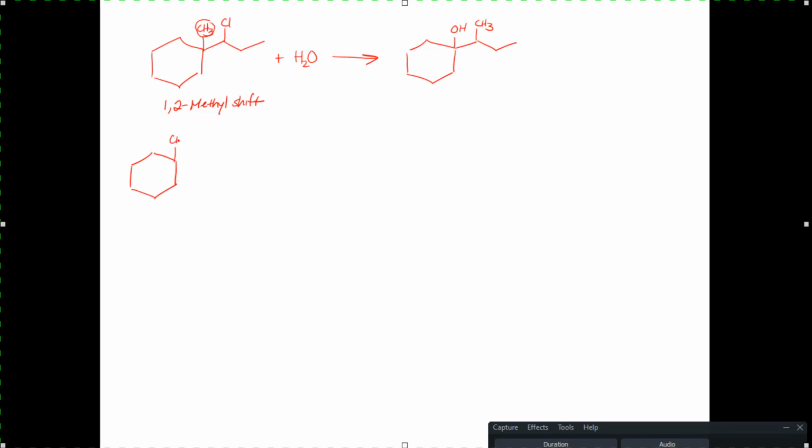And so what we would do is we would write basically the same mechanism as we did before, only shifting the methyl group. So we would break the carbon-chlorine bond.